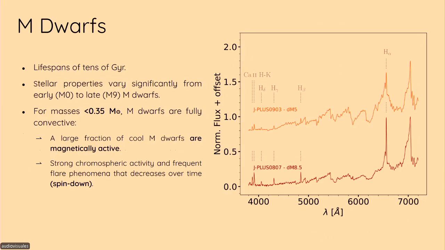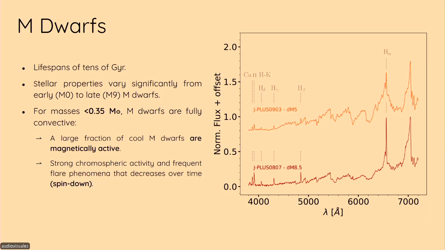And M dwarfs, because of their low mass, are partially or fully convective, and this means that the fusion of hydrogen is very slow and very efficient in their interiors, and because of this they can have very long lifespans that can extend to tens of billions of years.